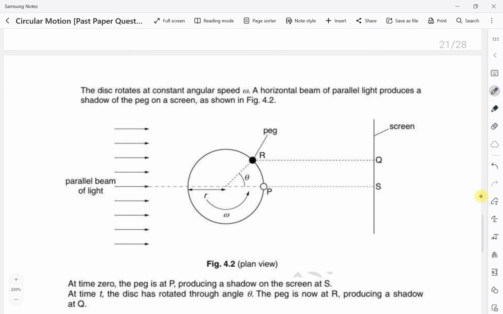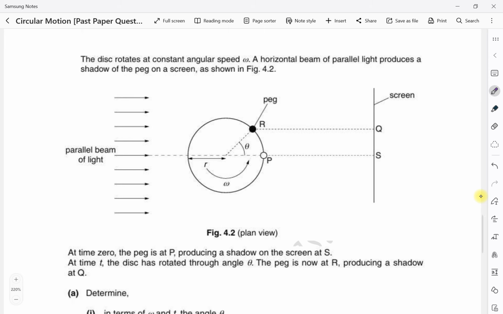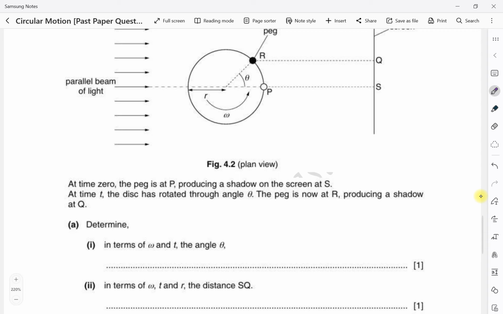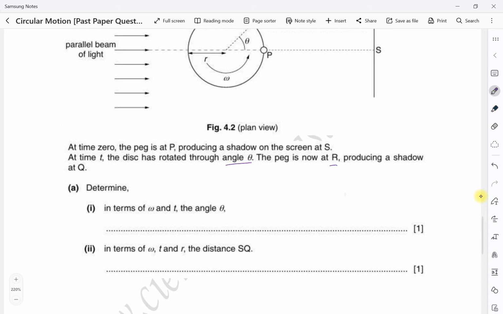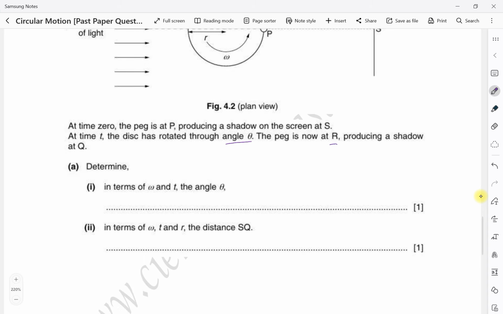So if this is the shadow, I'm just going to draw a right angled triangle for that. At time 0, the peg is at point P, producing a shadow on the screen at S. At time t, the disk has rotated through an angle theta. The peg is now at R, producing a shadow at Q. Determine in terms of omega and t the angle theta.